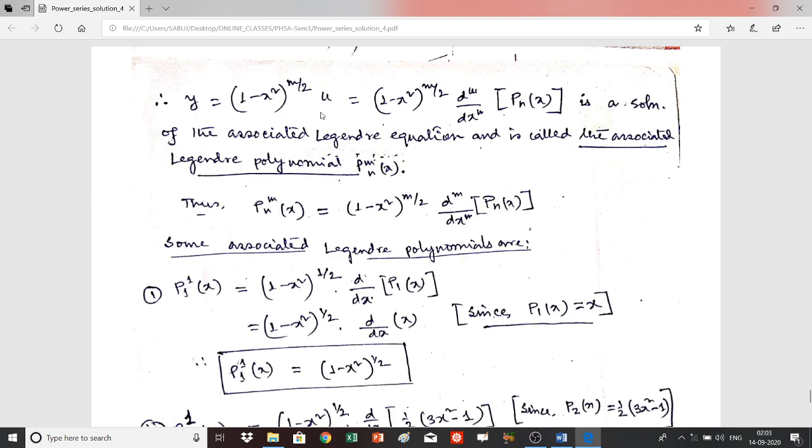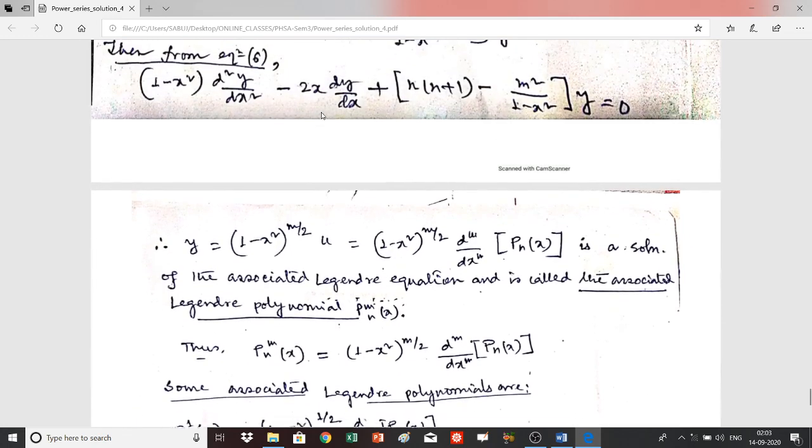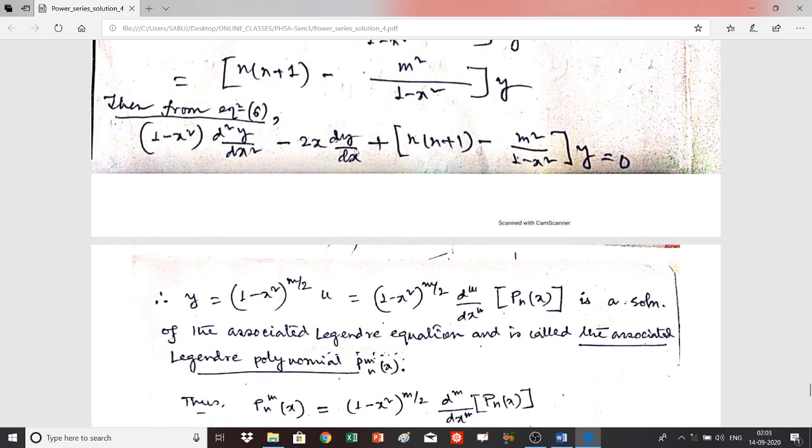So from this relation, since this is the associated Legendre equation, if you solve it, then the solution will give you this, and you take this whole term as the associated Legendre polynomial, because we know that the solution of the Legendre equation is known as the Legendre polynomial.